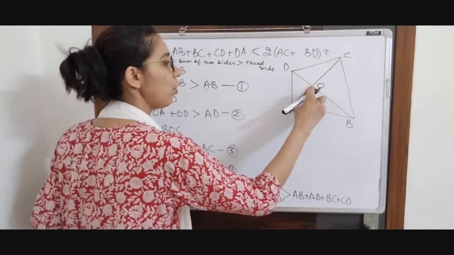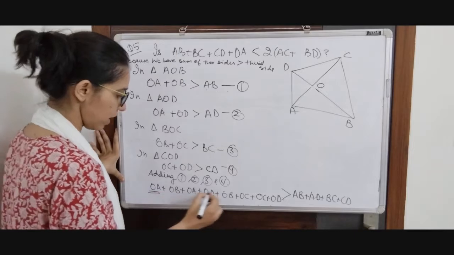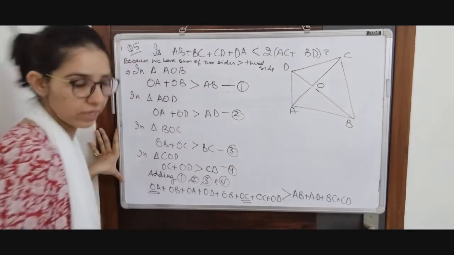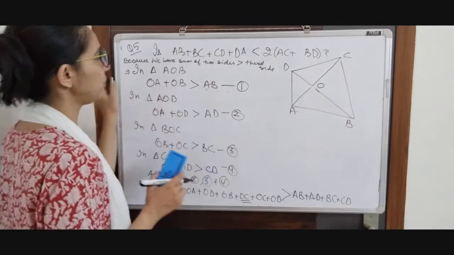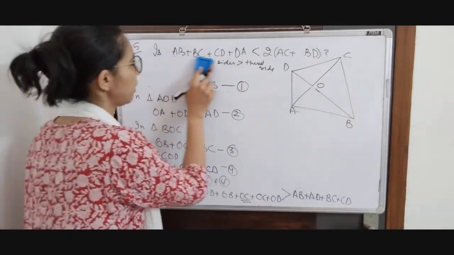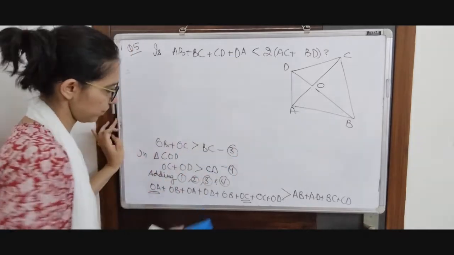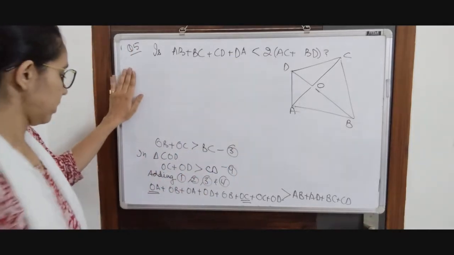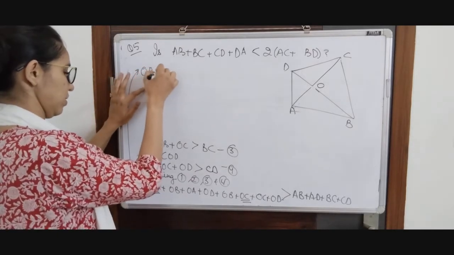You see that OA and OC is AC. So I am erasing this part and writing OA plus OC.